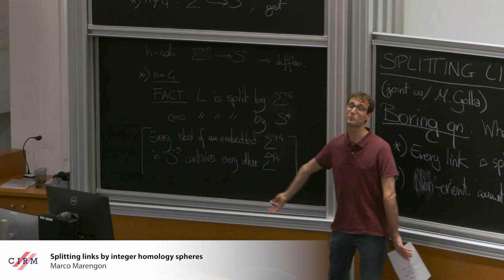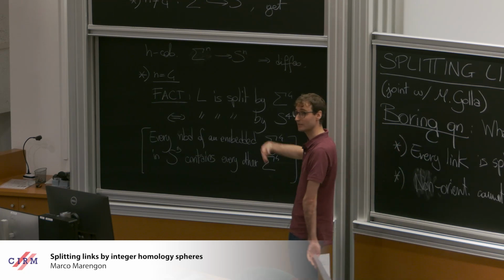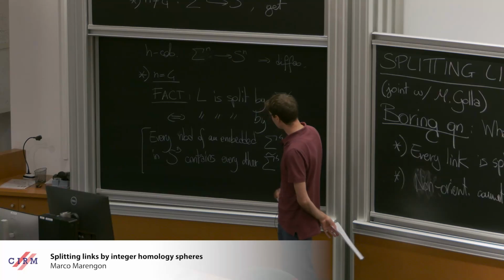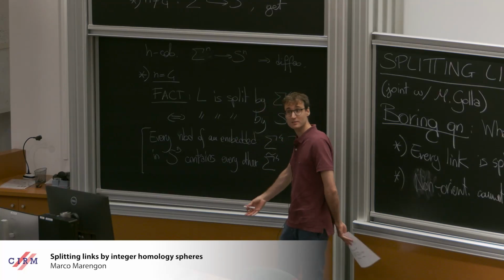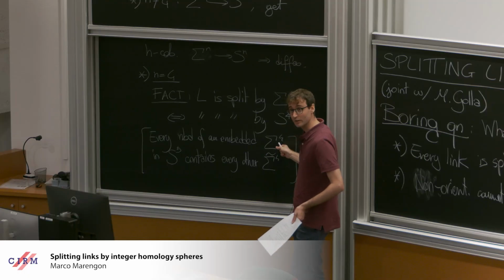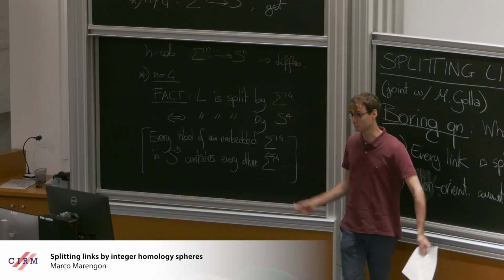So every other homotopy 4-sphere has a homological section. The reason has to do with the uniqueness of the H-cobordism between a homotopy 4-sphere and another homotopy 4-sphere.